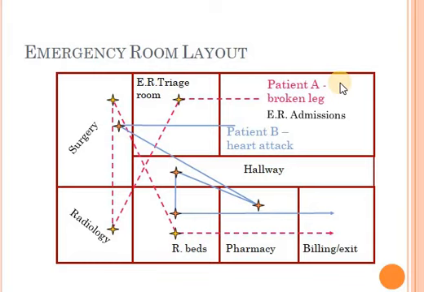So here in the hospital, each patient coming has a different case, a different situation, so he will proceed to different departments. Let's look at patient A, for example, who came with a broken leg.